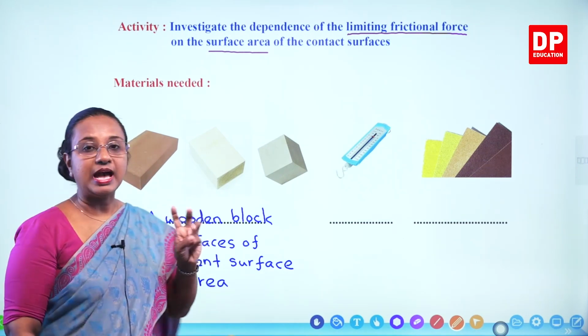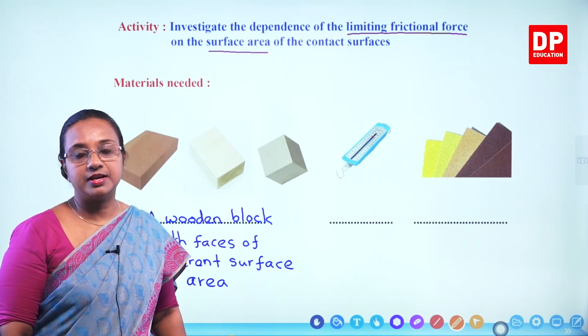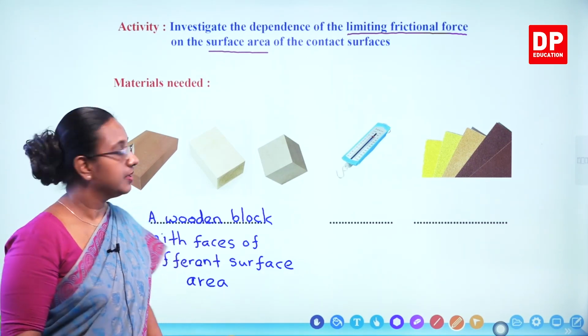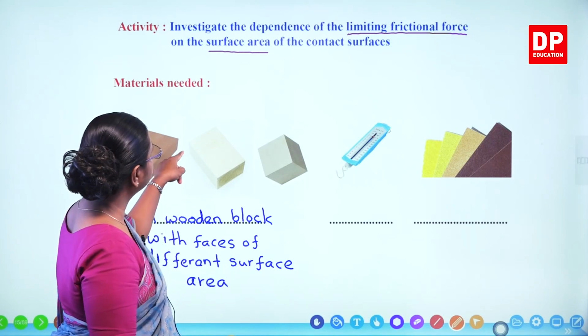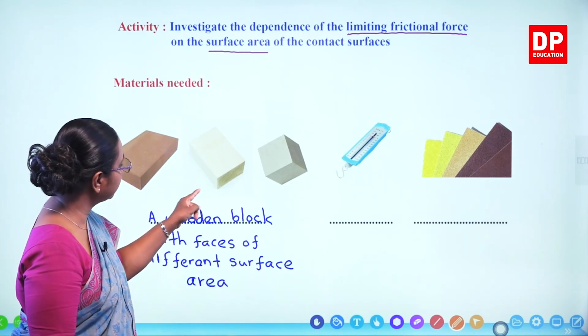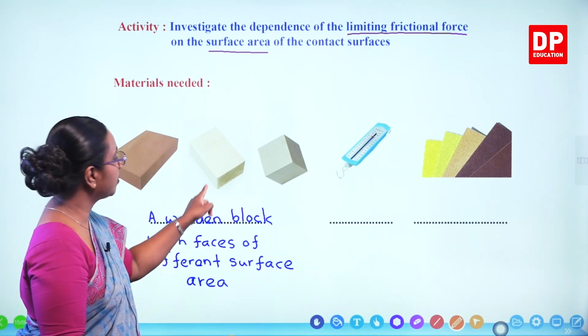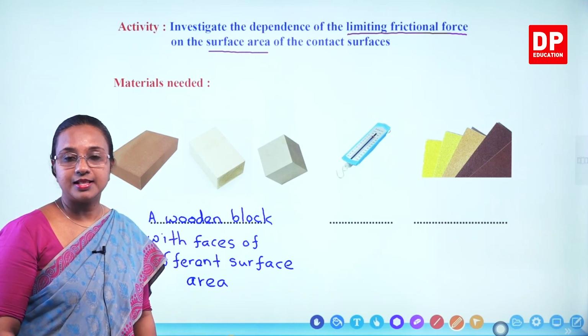So you need to have 3 different surface areas or at least 2 different surface areas. So if it is a rectangle large surface area like this, then we can have another small surface area and another smaller surface area on the other face.